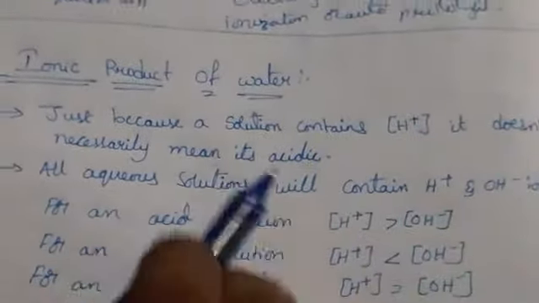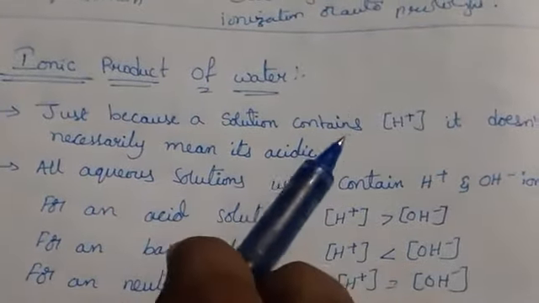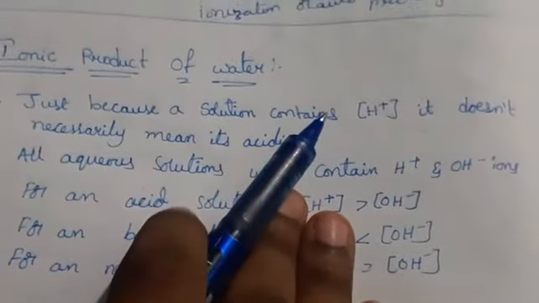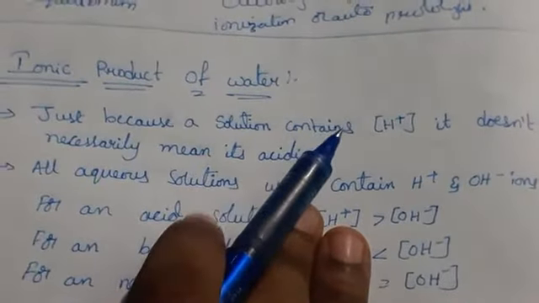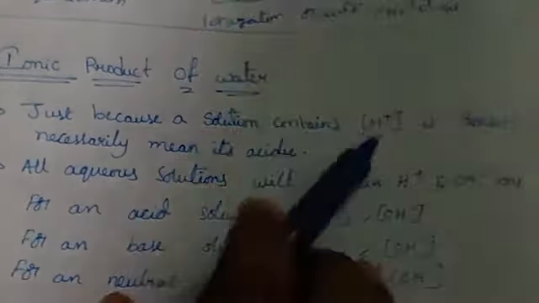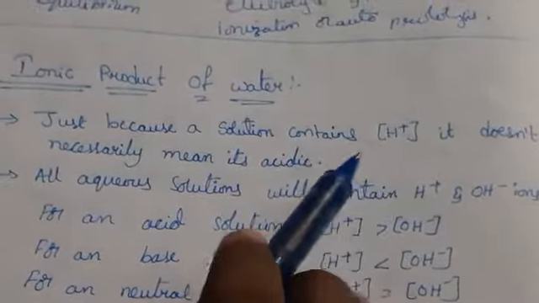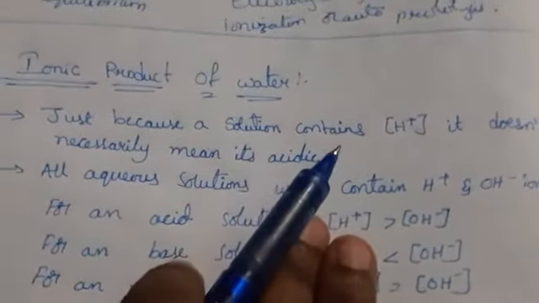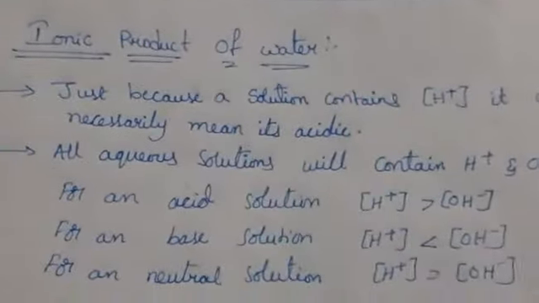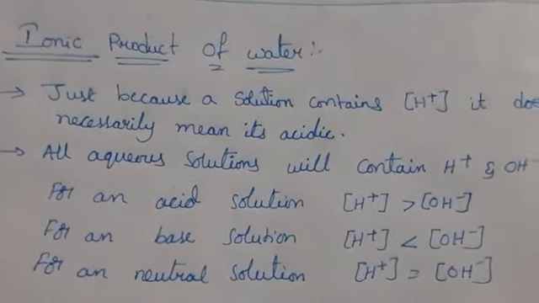Whenever the solution contains H plus, we simply say it is an acid, but not the concentration of H plus alone. So what is the ionic product of water?